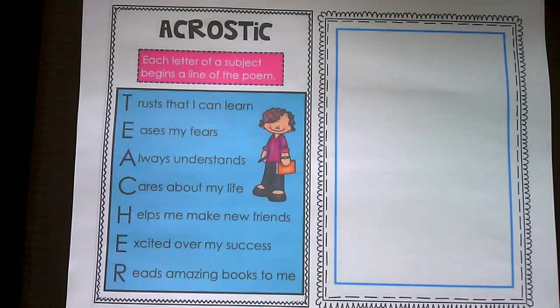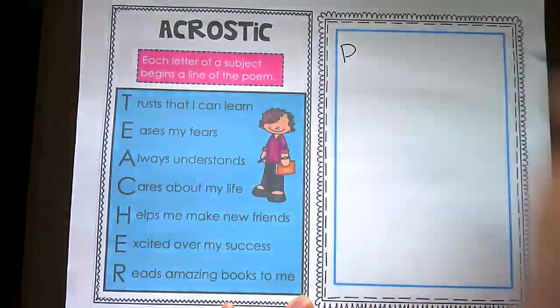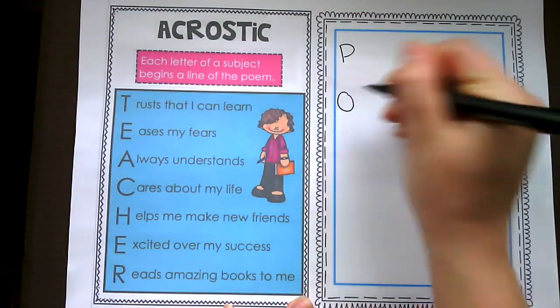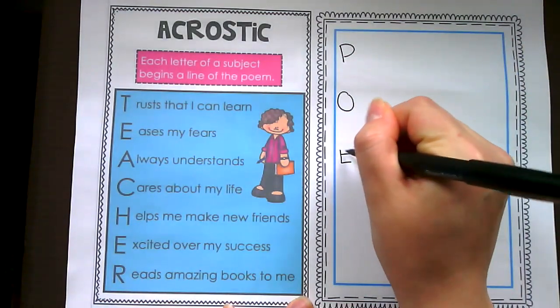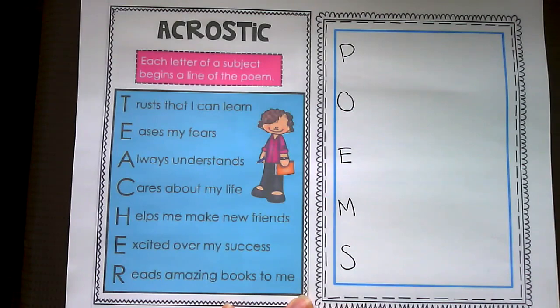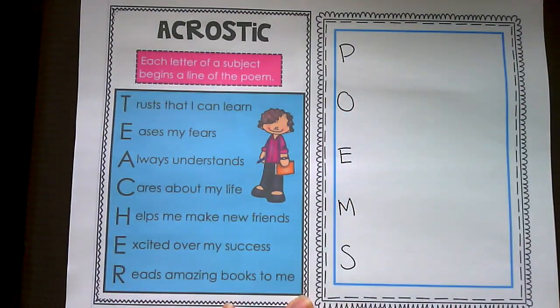To practice writing an acrostic poem, and you've maybe practiced writing acrostic poems before, we're going to practice with the word poems for Poetry Month. I'm going to start by spelling poems right down the left side. And I gave myself a bunch of room in case I need to go on below. All right, so P for poems.